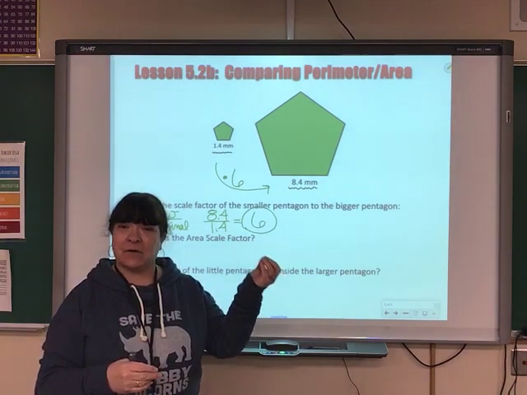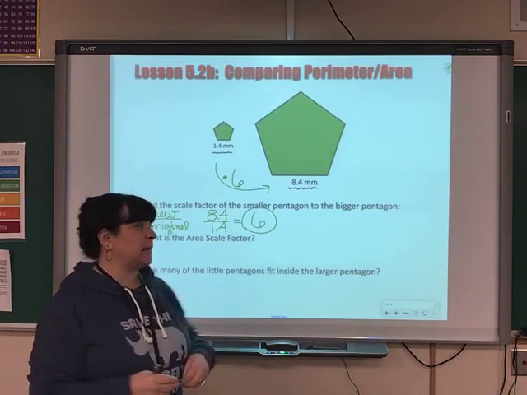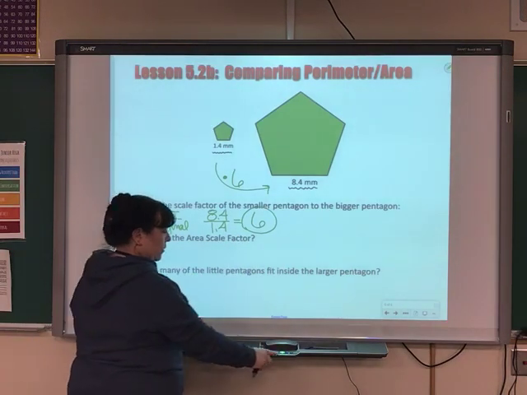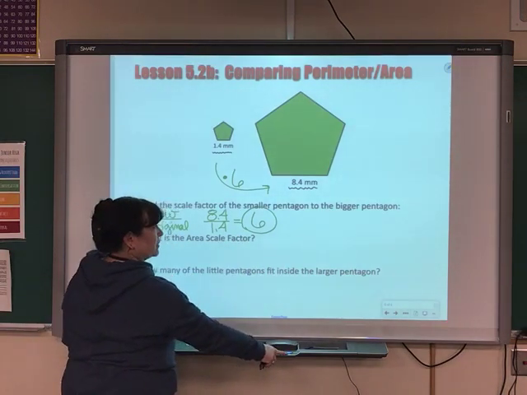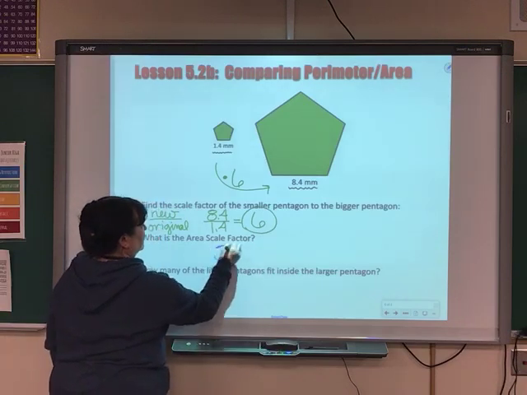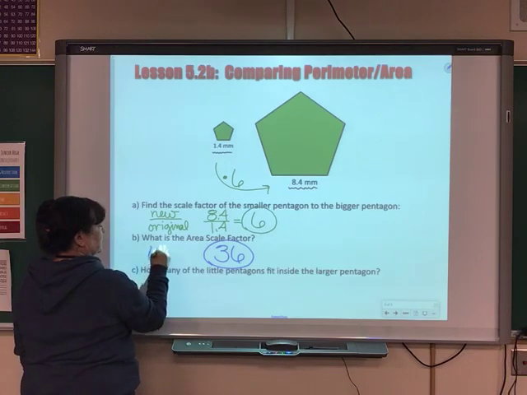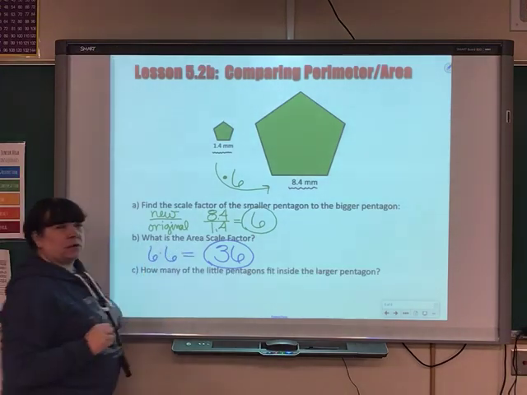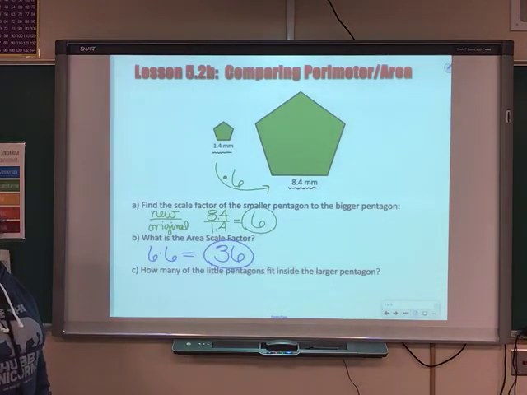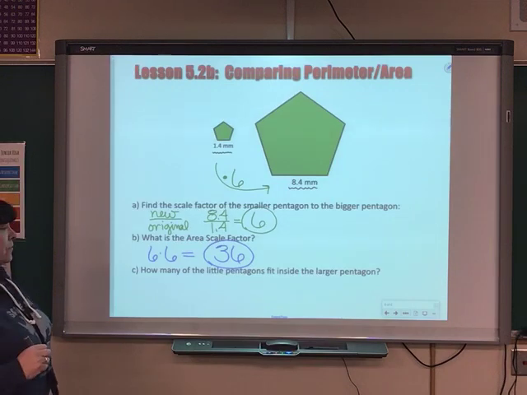It was the scale factor multiplied by itself. So the area scale factor is going to be 36, because 6 times 6 equals 36, the number times itself.